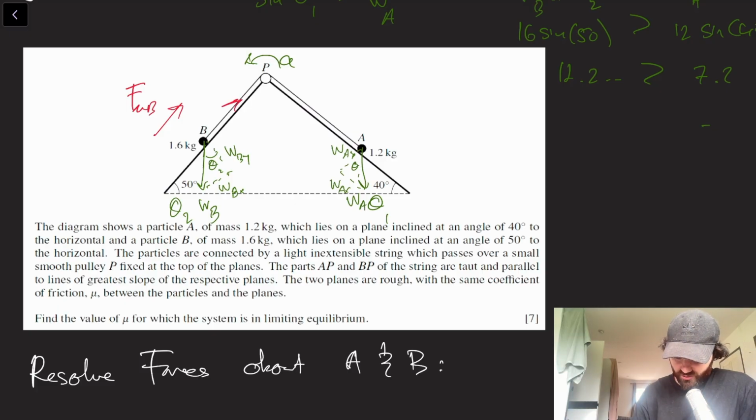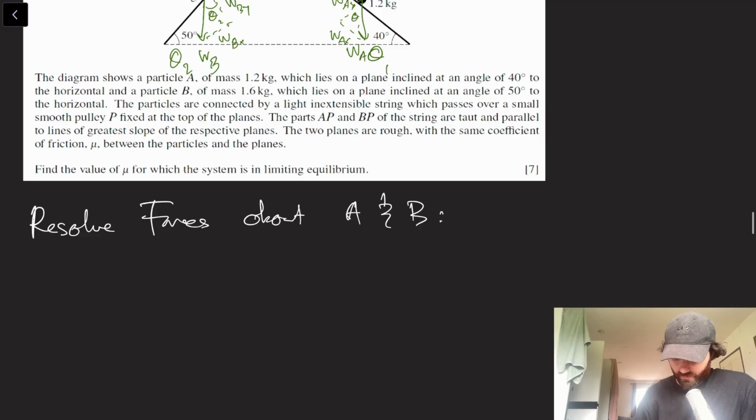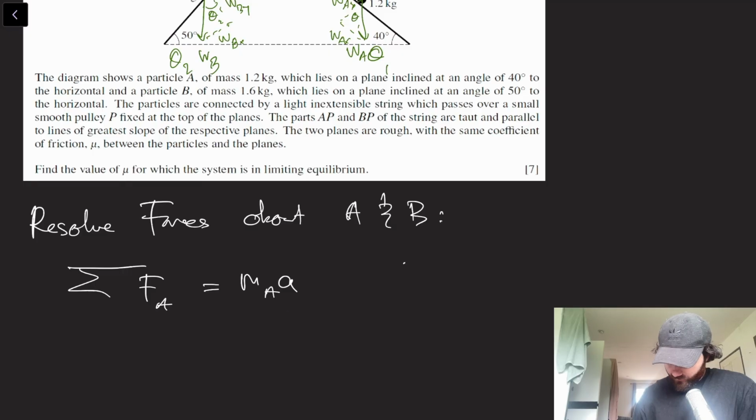And remember, the tension is acting in here. And this one is moving up, so that means the frictional force is moving down. For the forces about A, it's at limiting equilibrium, so the acceleration is 0, so this will actually be 0. And the forces about B will equal the mass of B times a.